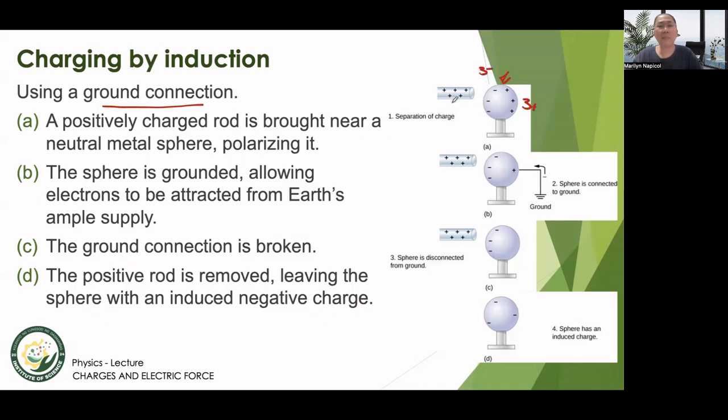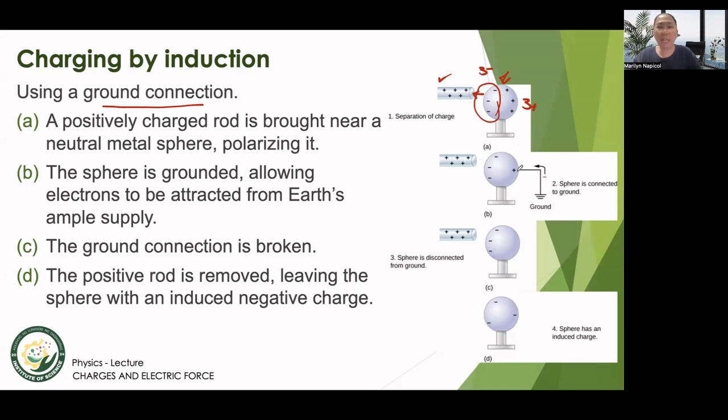Now, what happens if, again, mag-i-introduce tayo ng positively charged rod? Okay, so what happens is that itong mga negative charges na to, ma-attract siya dito sa positively charged metal rod. Okay? So, then, what happens to the positively charged side ng ating sphere?